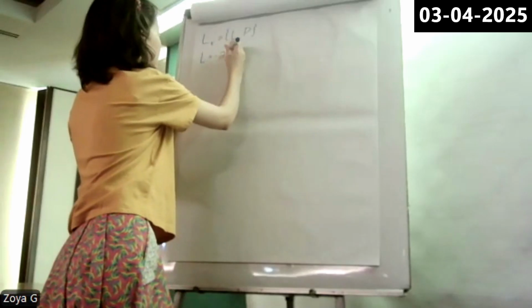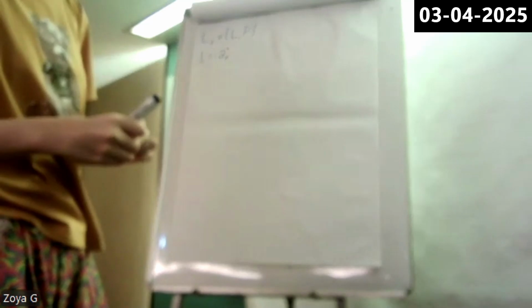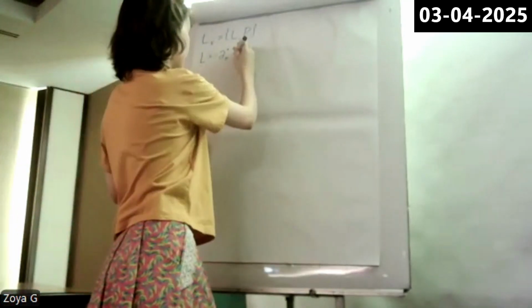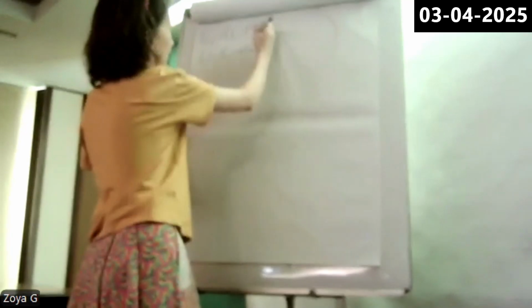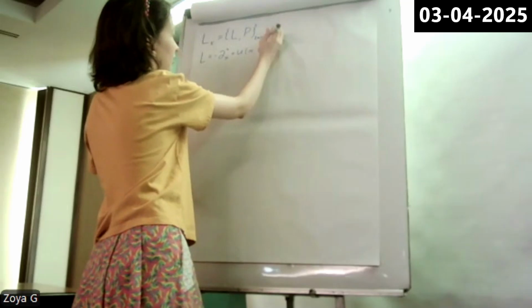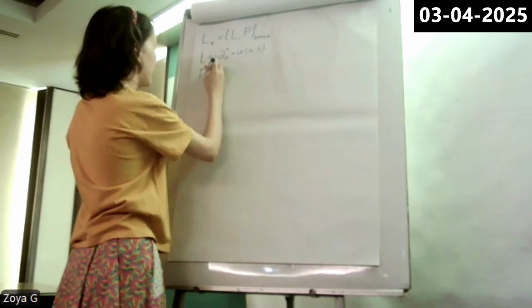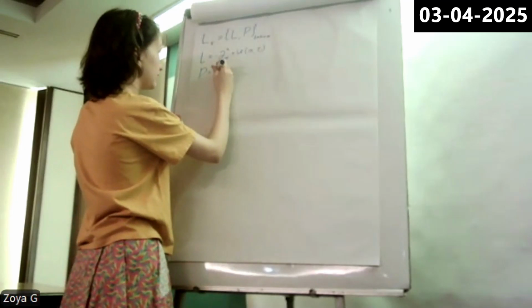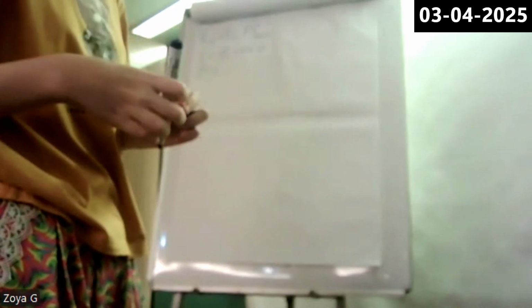L is negative partial squared x plus u of x, and this is the canonical one, I'm pretty sure. P is equal to 3. Nope, it is not equal to 3.